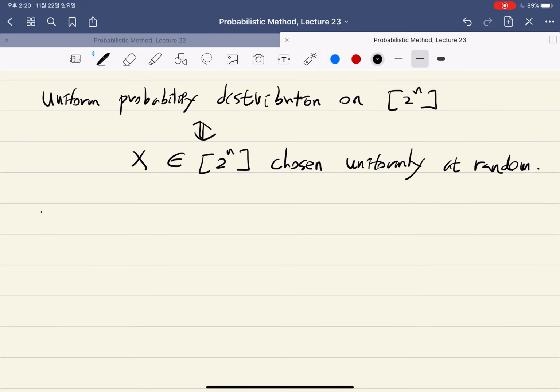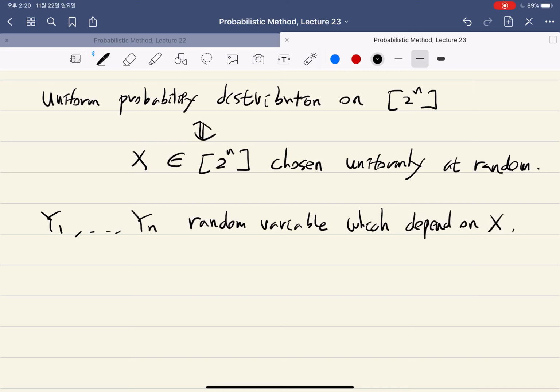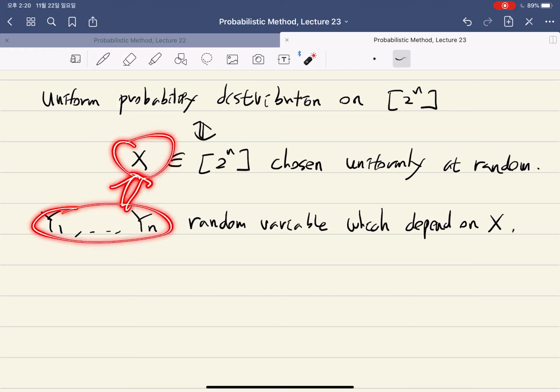And we consider the random variables y1 to yn, which may depend on x. So we don't say these are independent. They don't have to be independent.